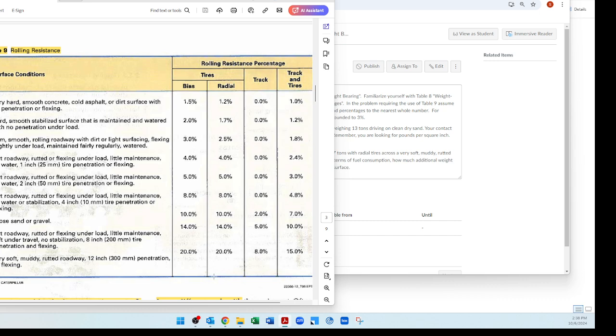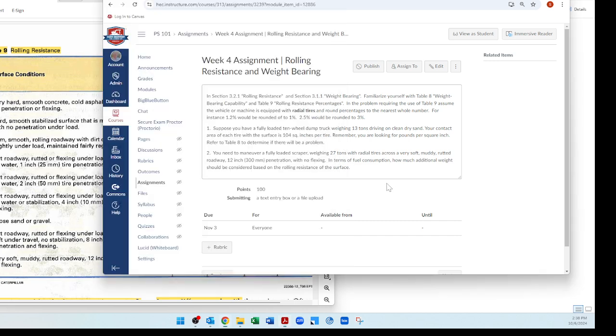I got that by using the table, multiplying it times the 27 tons, which is 54,000. That gave me a total of 64,800, which is an increase of 10,800 pounds.